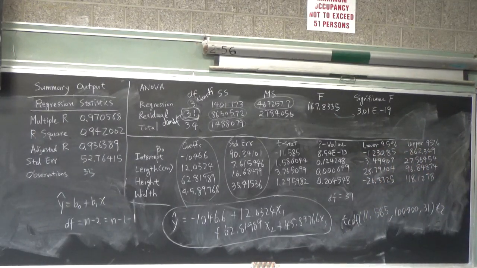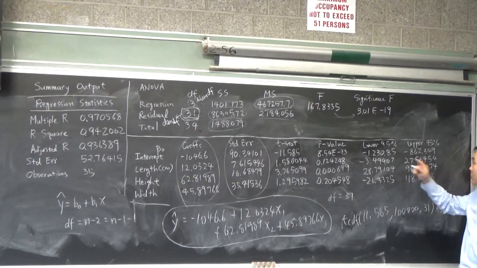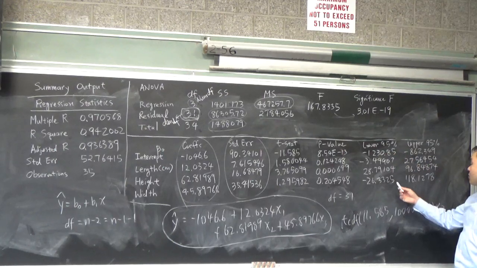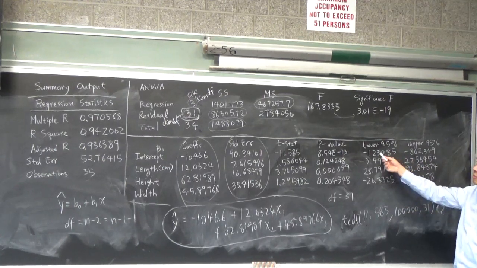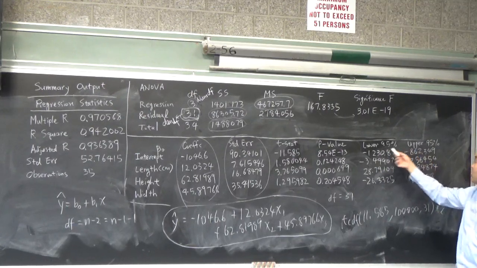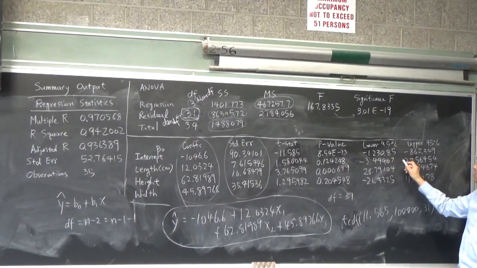And you can even see this in the confidence interval. So here we have a 95% confidence interval. And as you can see, the confidence interval for the intercept doesn't contain 0. 0 is not in here, right? But look, the 95% confidence interval for the length does contain 0.